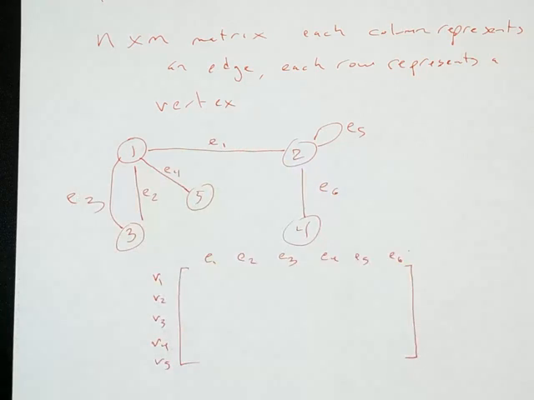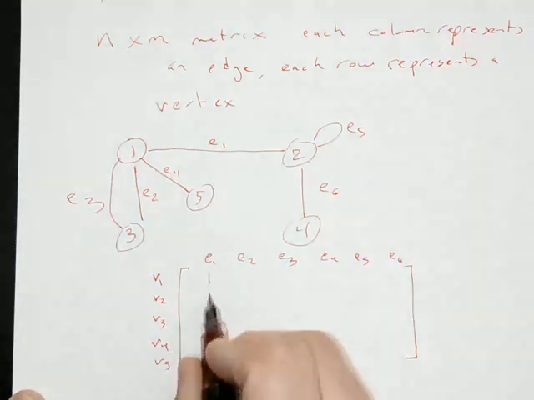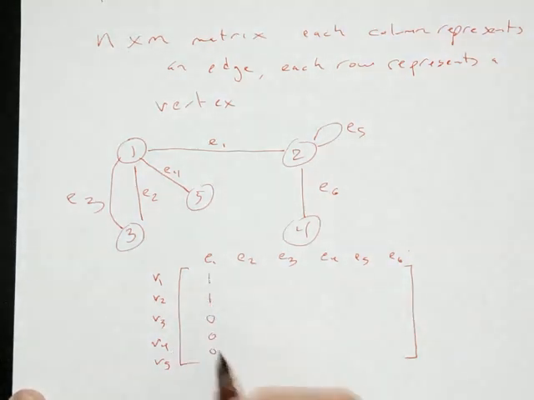Keep going. Edge 2 connects. But wait, so does edge 3. Parallel edges are okay here. This is a multigraph, not a simple graph. It's got loops. It's a pseudograph.